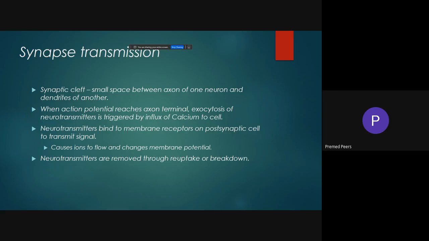So what happens is these calcium channels open and calcium ions flow into the cell at the end. Through a pathway that's kind of out of the scope of the MCAT, this then leads to exocytosis of neurotransmitters.